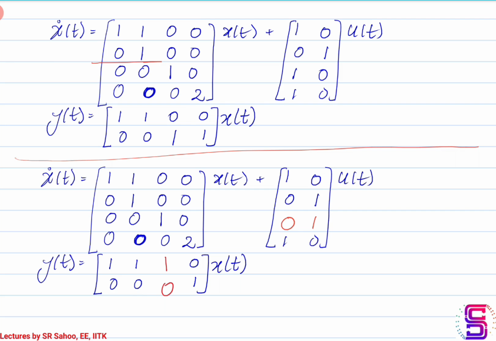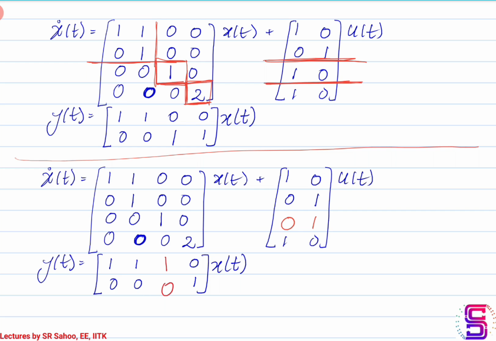Now there are two Jordan blocks corresponding to eigenvalue 1 and one Jordan block corresponding to eigenvalue 2. For each Jordan block, we'll piece the B matrix here. The first block is of size 2 cross 2, so the B matrix will have 2 rows in it. The second Jordan block is of size 1 cross 1, so the B will have 1 row in it.